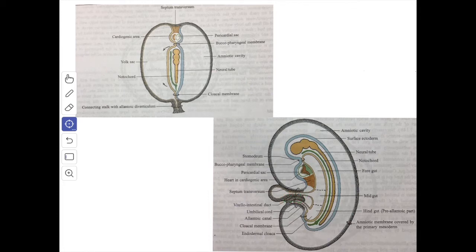Now we'll see about the head fold. The germ disc bends ventrally towards the yolk sac around the cranial end of the notochord so that the forebrain vesicle occupies the cephalic extremity of the embryo.